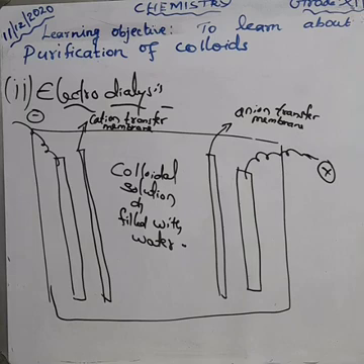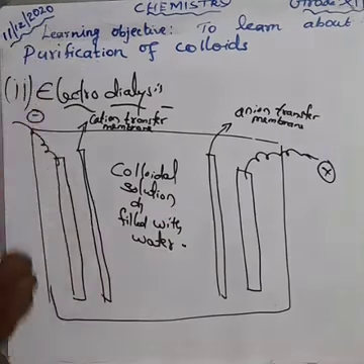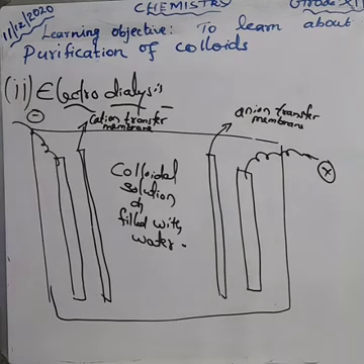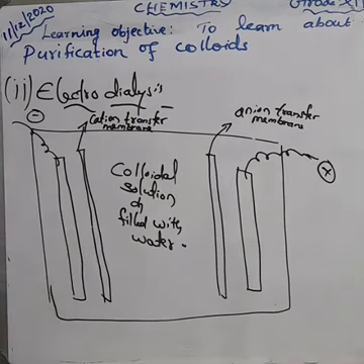When we pass the current between the cathode and the anode, the impurities pass into the water compartment and are removed periodically.